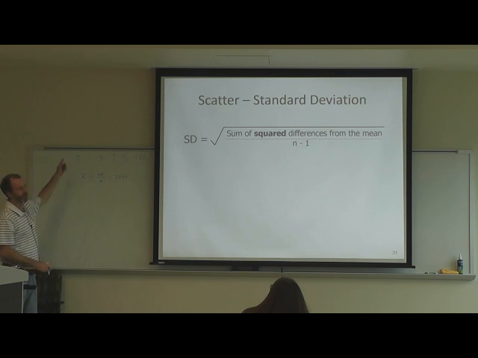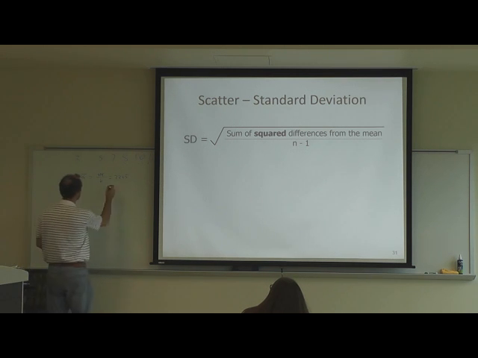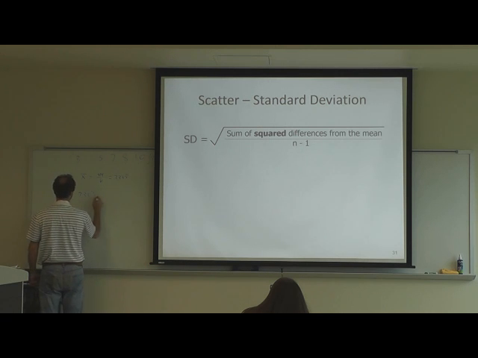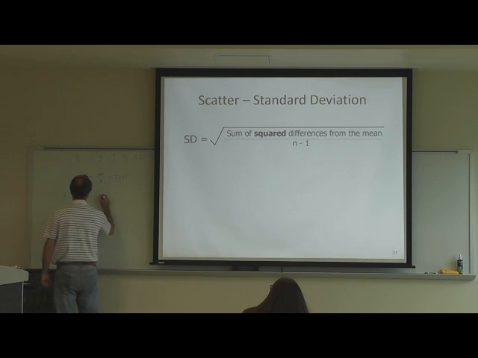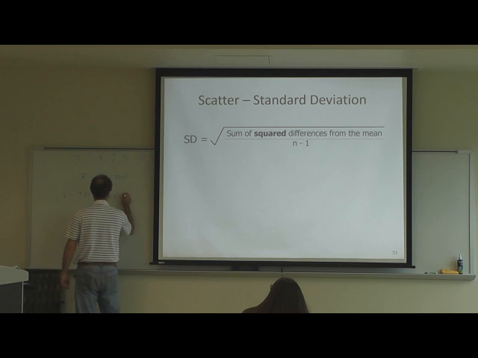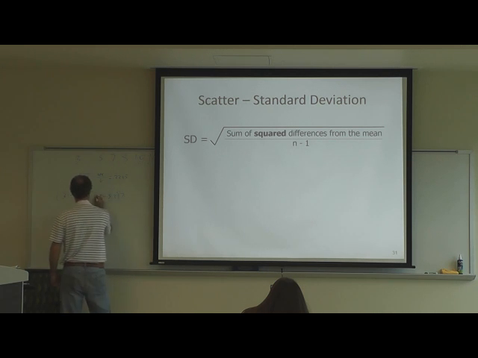So now if we were going to take the average difference from the mean, it would be 3 minus 7.3, 5 minus 7.3, 7 minus 7.3, and so forth, and these are all added up, right?